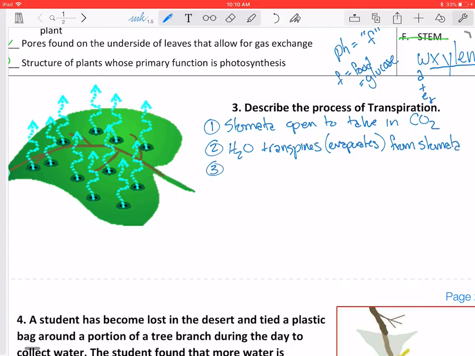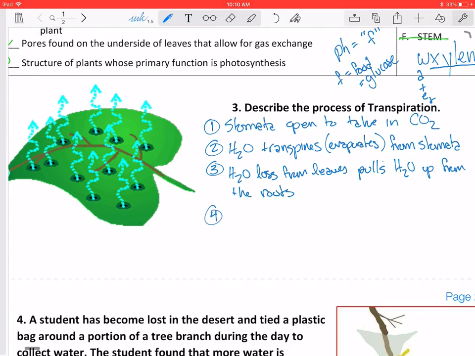And then our third thing here that happens is water loss from leaves pulls water up from the roots.